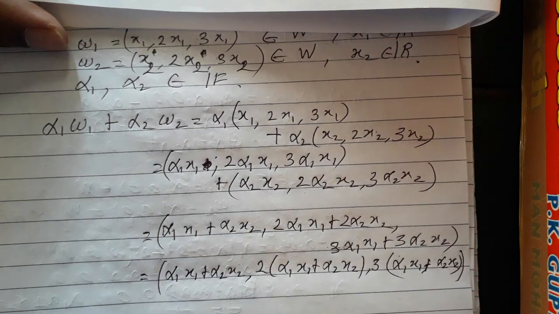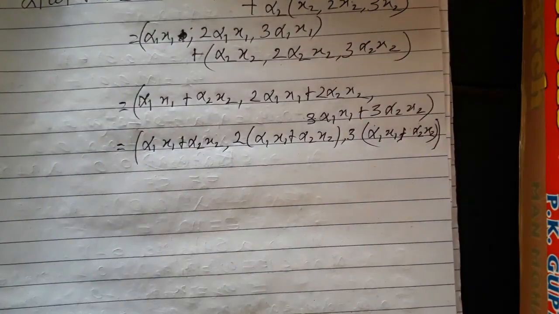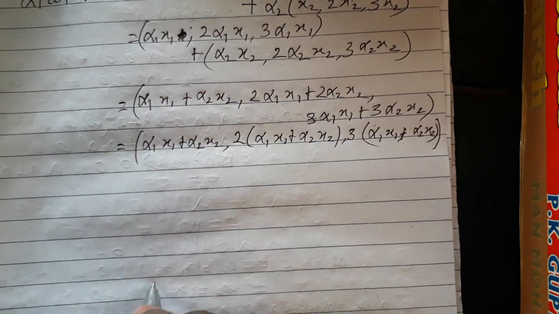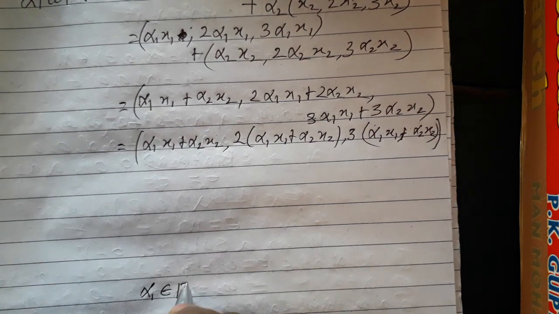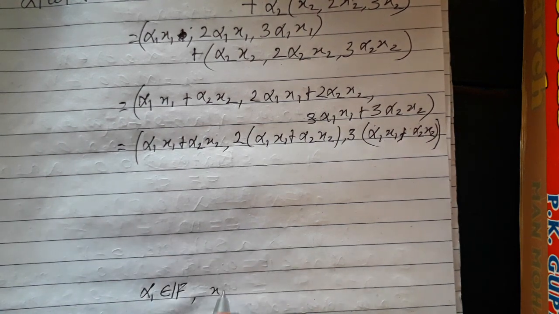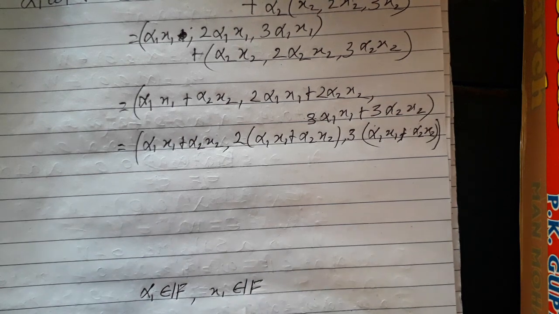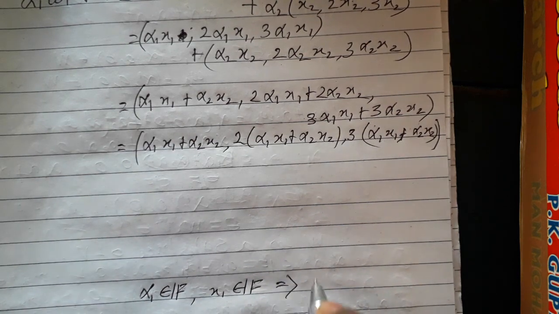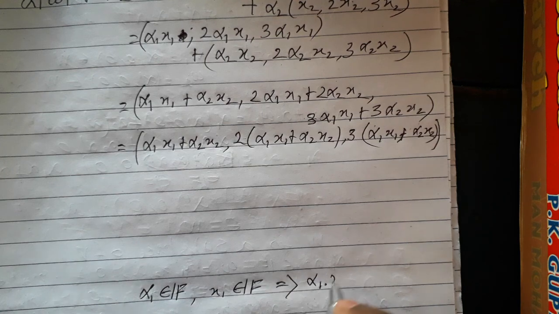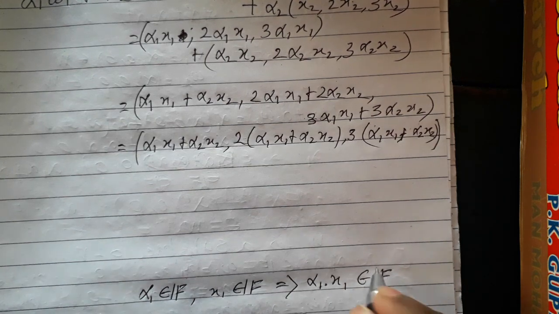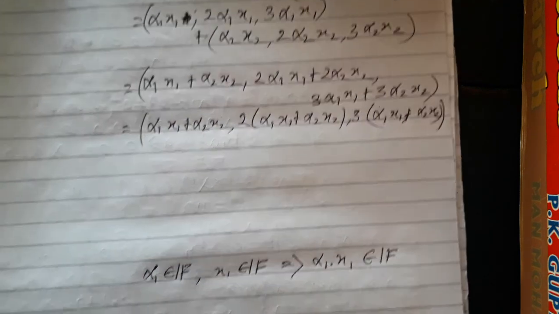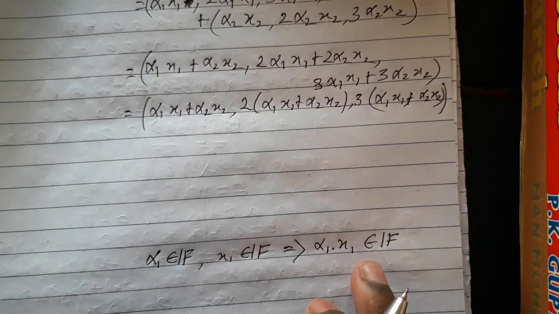Okay, so if we check here, I'll show you. Alpha 1 belongs to the field, and x1 also belongs to the field. So alpha 1 into x1 belongs to the field, because the product of two elements of the field is again inside the field.